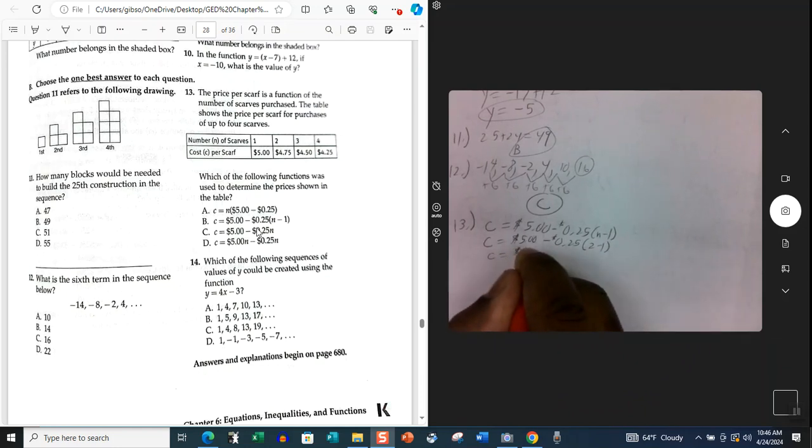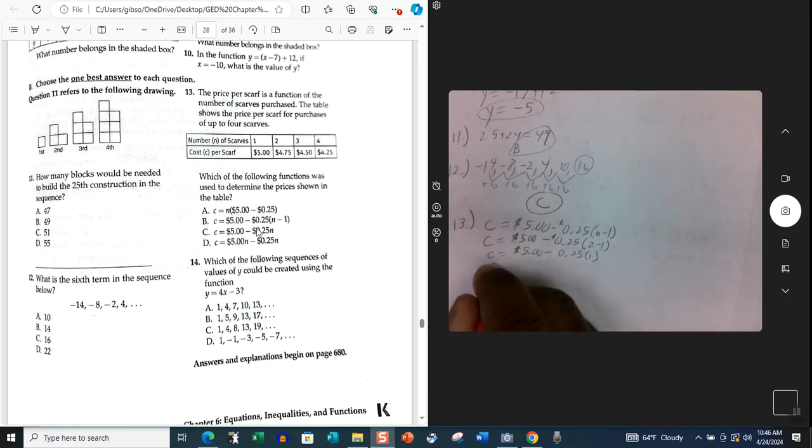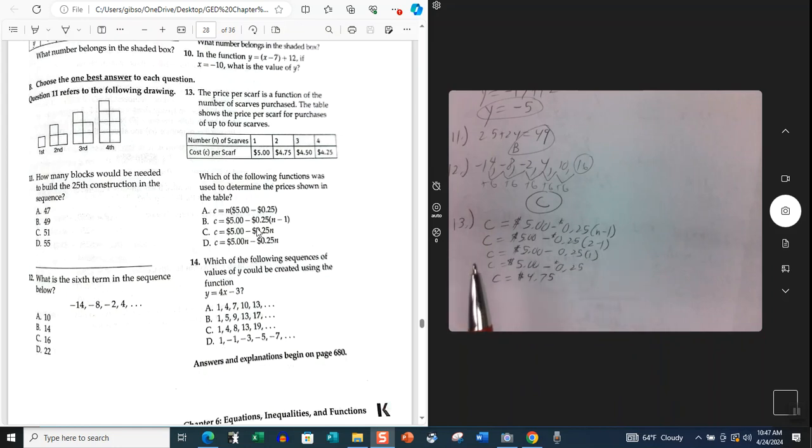And C is equal to $5 minus 0.25 times 1. So it'd be $5 minus 0.25, which would give us $4.75. Now, when you put in the 3, that'll give us 2, and so on. It would give us all the rest of the answers.